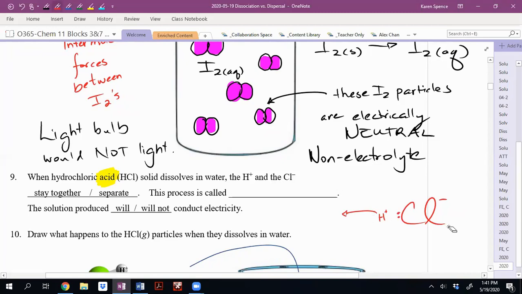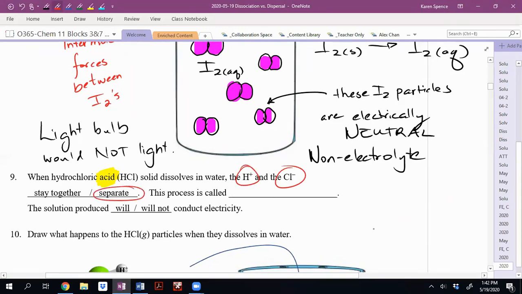Do you need to know that for grade 11? Well, if we had a full year, yes, we would, but you don't need to know it this year because it's a weird year. So what you do need to know is that the H plus and the Cl minus will actually separate, even though it's a molecule.